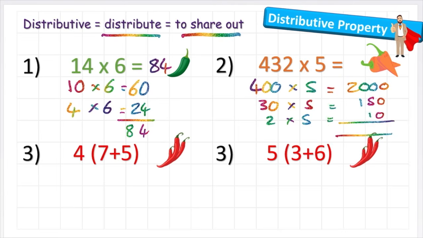And now these numbers are quite easy to add up in my head. I can just add the 2000, the 150 and the 10 to get an answer of 2160.